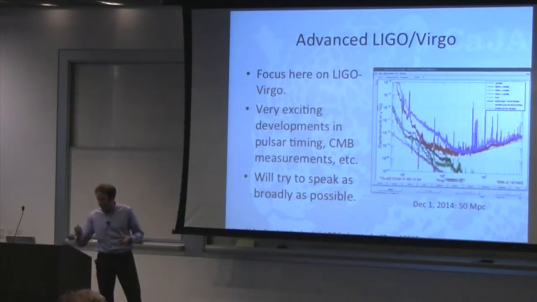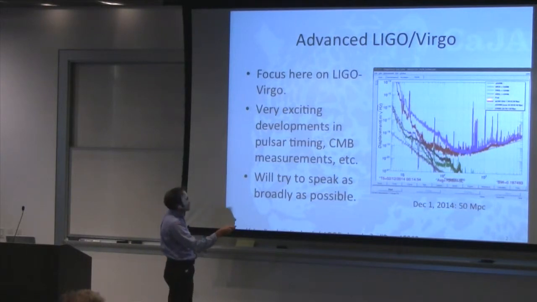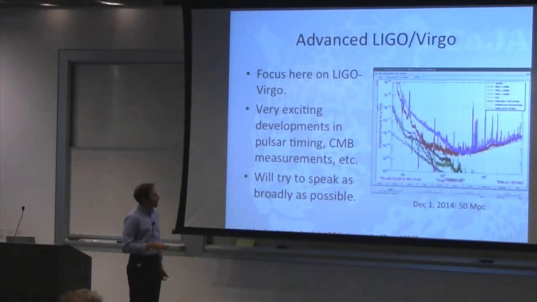And this is a spectrum of displacement, meters per hertz as a function of frequency, and the red curve right here is a sensitivity that was achieved back on December 1st, so about a week and a bit ago.